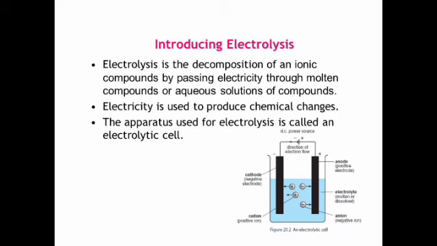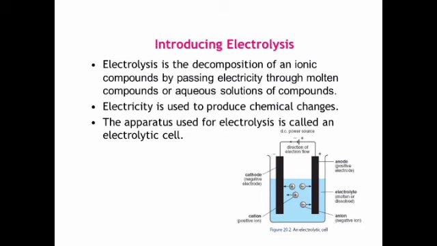Q equals IT. Now, the first law of electrolysis can also be stated as follows. The mass of an element discharged during electrolysis is directly proportional to, number one, the magnitude of the current. Since we say Q equals IT, the I part now, the magnitude of the current.